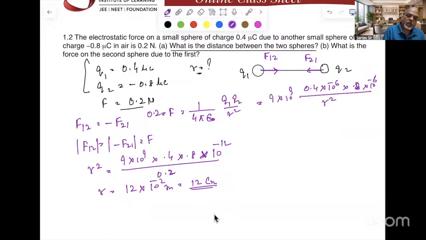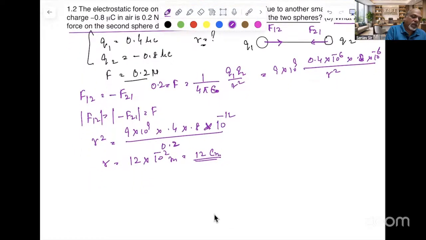What does the second part say? What is the force on the second sphere due to the first? Now, since the force is mutual, I have already told you, this force is equal and opposite. Correct?